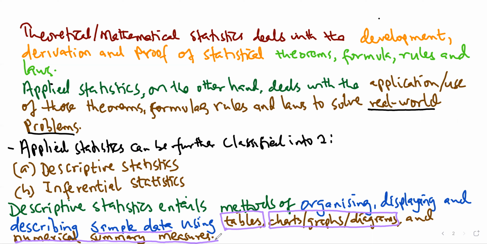So the process of obtaining tables, graphs, charts, and numerical summary values from sample data is what we are calling descriptive statistics. So in short, what we are saying is that descriptive statistics has two main areas.